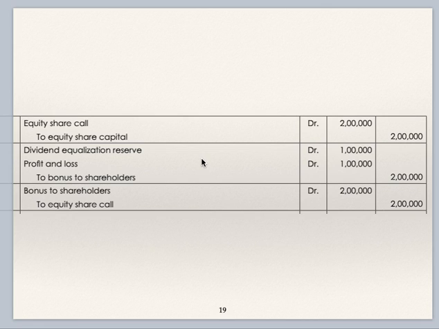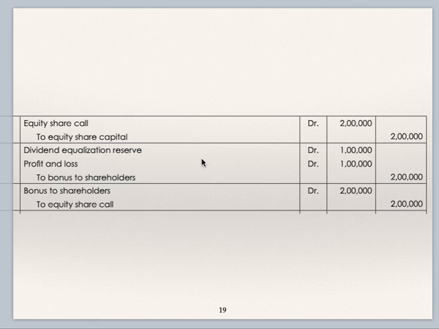So that means 50% they received by way of bonus. So equivalent 50% amount partly paid equity shares are also entitled to get. Partly paid shares are 1 lakh equity shares on which 4 is paid. That means they have paid 4 lakhs. 50% of 4 lakhs is 2 lakhs they will get by way of bonus.